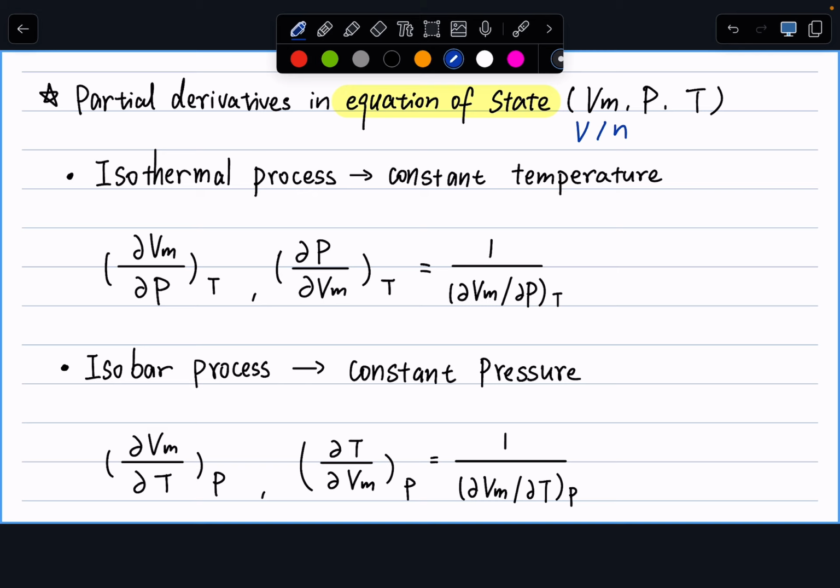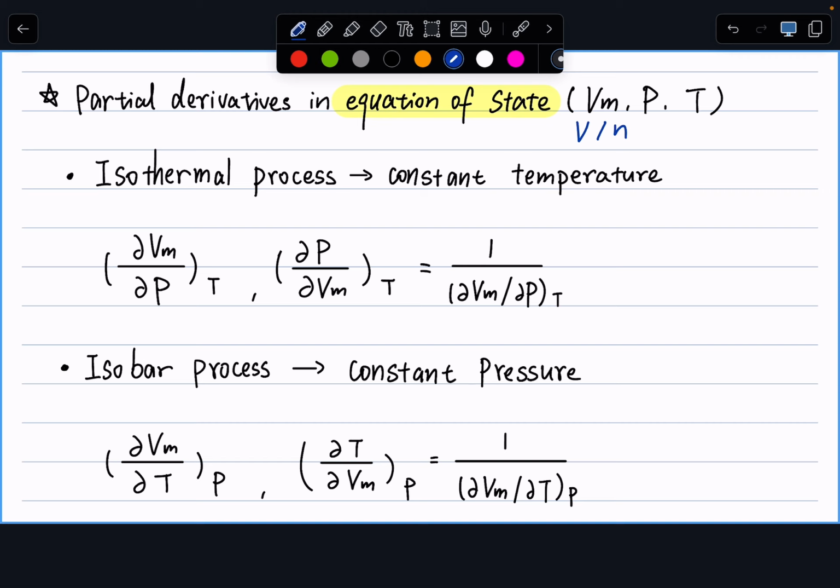Now, like our ideal gas law, these equations of state are experimentally determined. So the question becomes, how many experiments do we really need in order to solve for these equations of state?